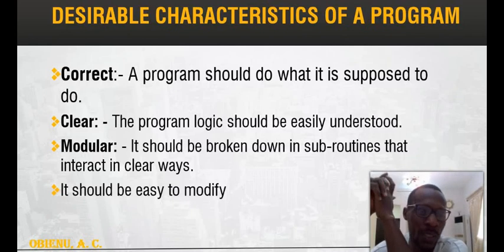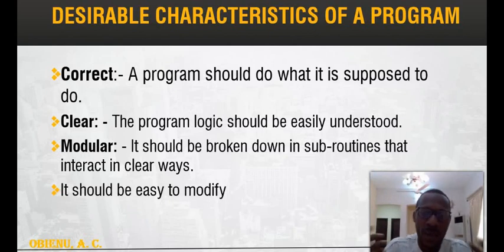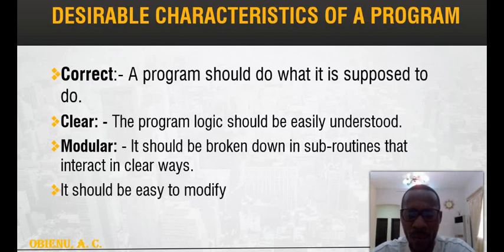Number two, a program must be clear. When we say it must be clear, it simply means that the logic should be easily understood by any other person. I can write a program and Mr. B is asked to troubleshoot that program, maybe to diagnose an error. If the logic is not clear or not easily understood, then it becomes difficult for other persons to do.